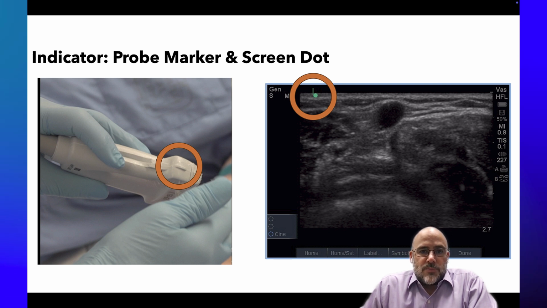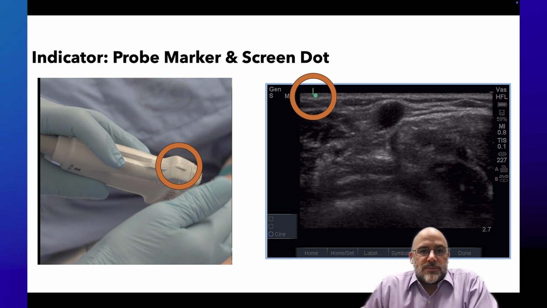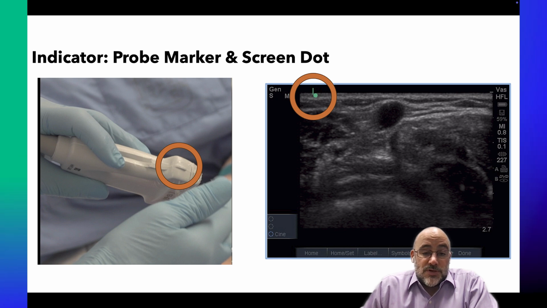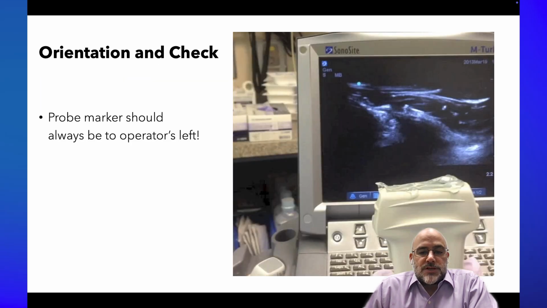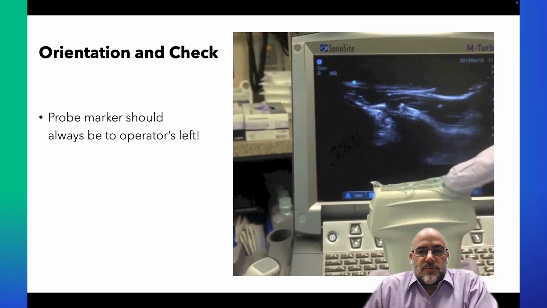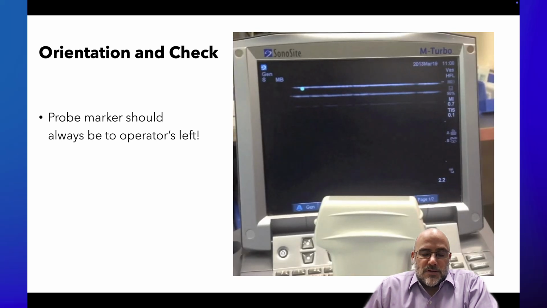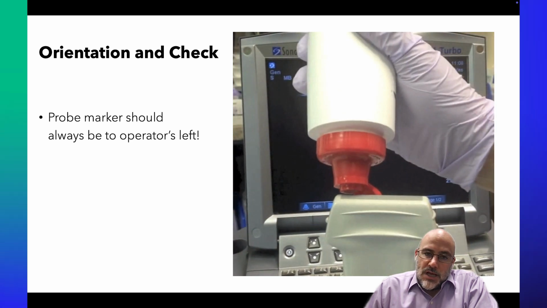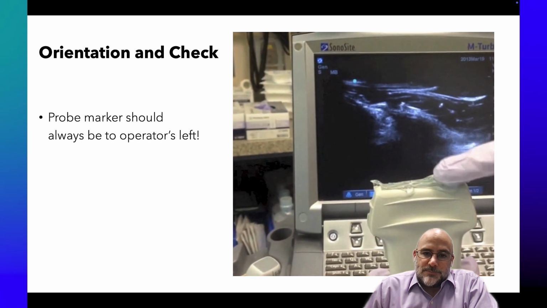So if I'm holding the probe with the probe marker to my left, the operator's left, then I'll always be set up to have success when looking at the machine doing a procedural ultrasound. Here we're applying a little bit of gel just as a quick check, and you can tell just by tapping on that side there, I can see movement on the screen on the corresponding side, and that is sufficient to let us know which side is which.